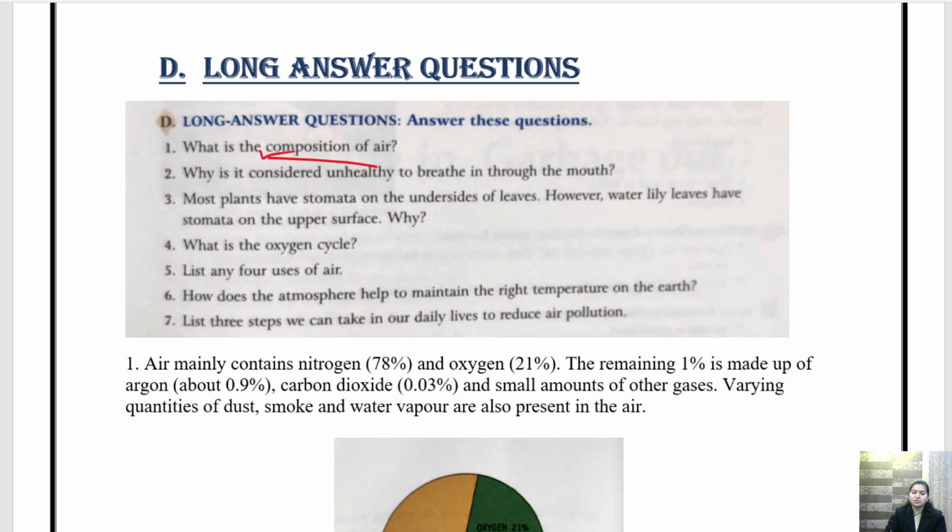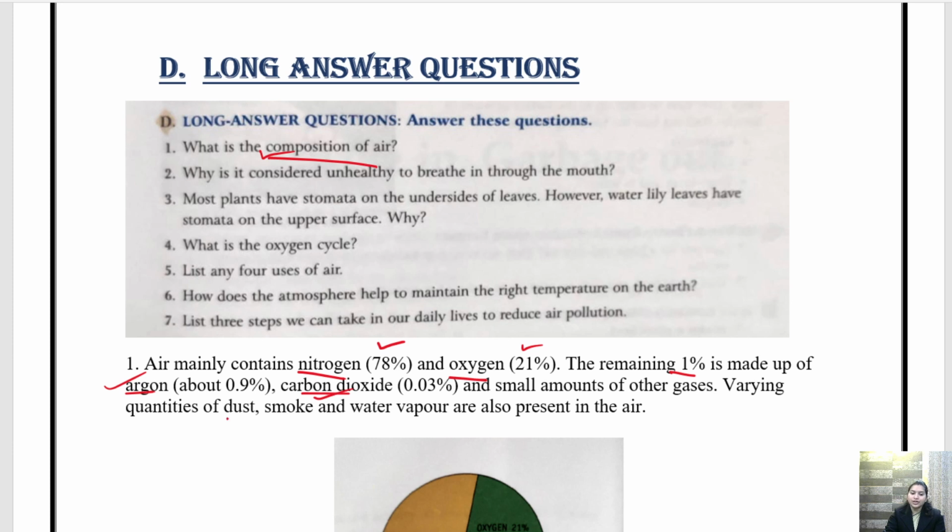So what is the composition of air? We know that air contains nitrogen, oxygen, argon, carbon dioxide and some other gases. The maximum is nitrogen, that is 78%, oxygen 21%, 1% is argon, 0.03% carbon dioxide and a small amount of other gases.